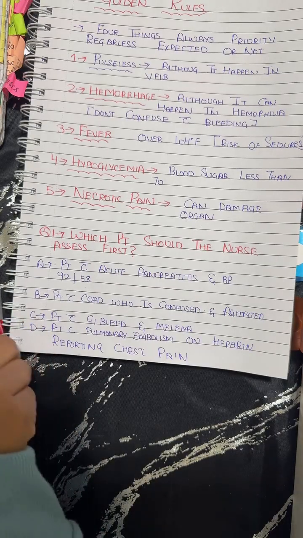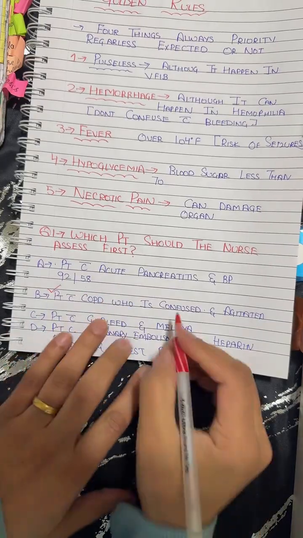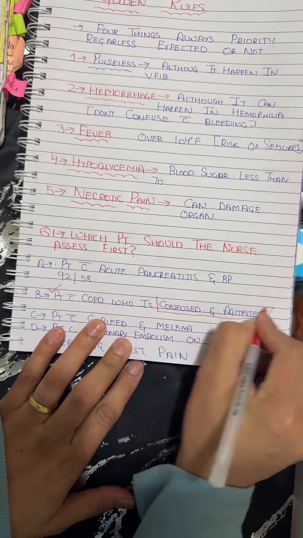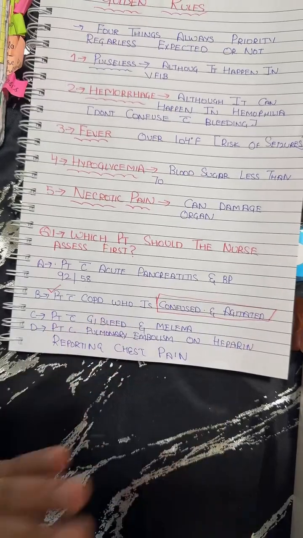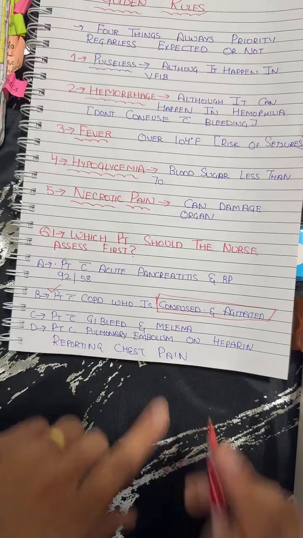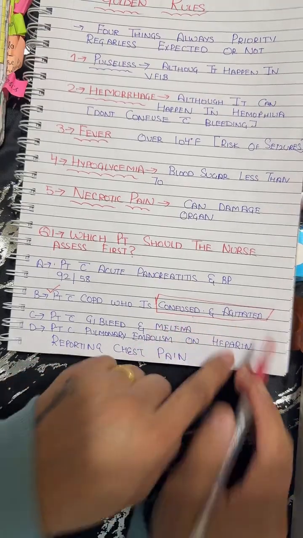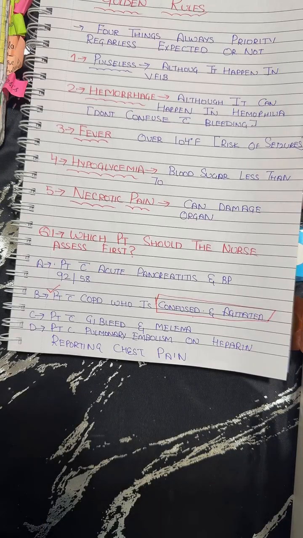So the right answer here is B. Why are you guys not thinking about this? Should be on our priority list. Confused and agitated. Whenever you see confused and agitated in your option, close your eyes and choose the answer. Go for it.